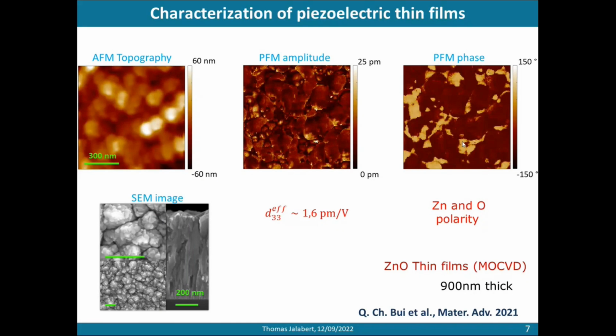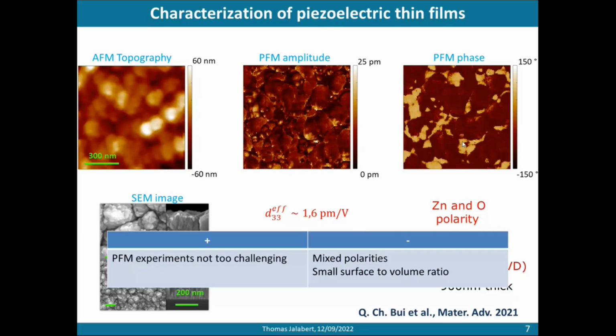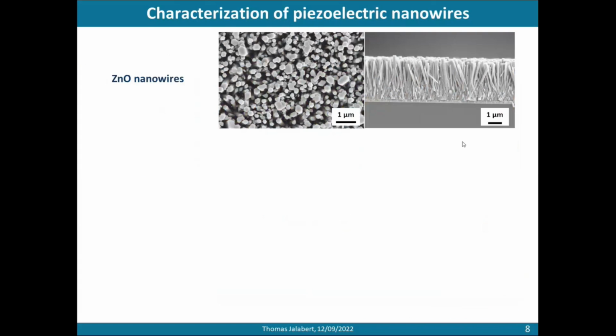So for thin films, we have mixed polarities, and also, one other thing I mentioned in the introduction is the depletion effects which occur at the nanoscale. Because of the small surface to volume ratio in thin films, these depletion effects are less likely to occur. So that's why we are also interested in nanowires.